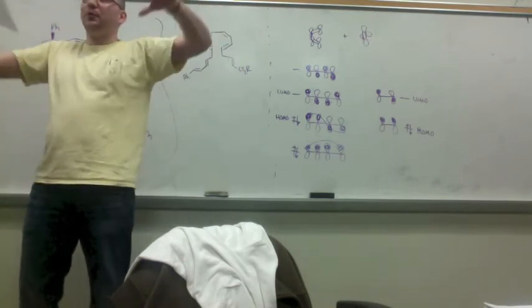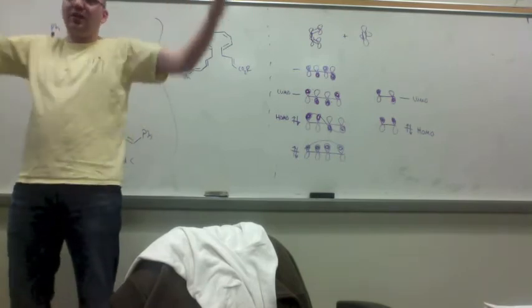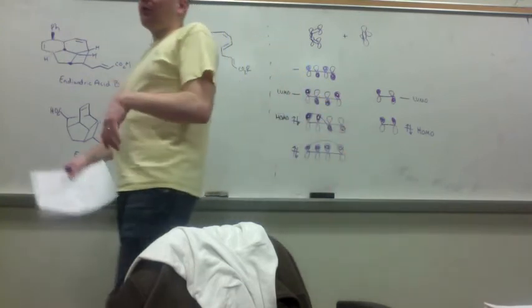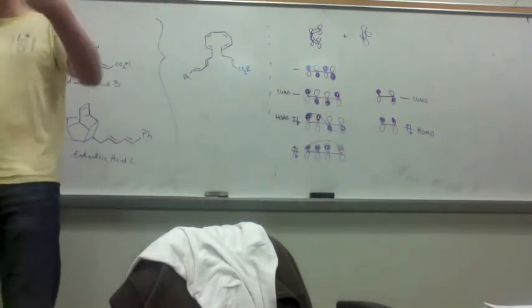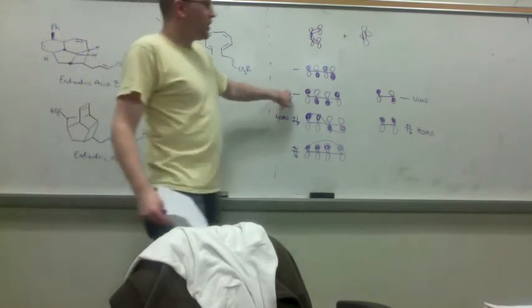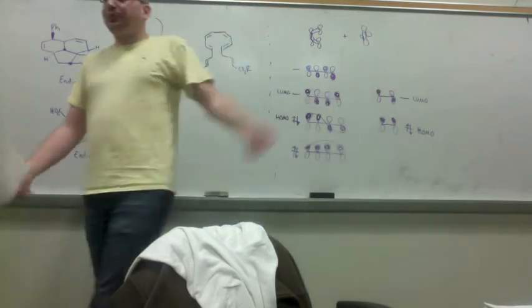Those are the most likely, the highest energy at one state versus the lowest empty one at the other. Depending on how you do this, we can start thinking about inverse electron demand or normal electron demand. The point is that the LUMO of one is always going to react with the HOMO of the other, and vice versa.